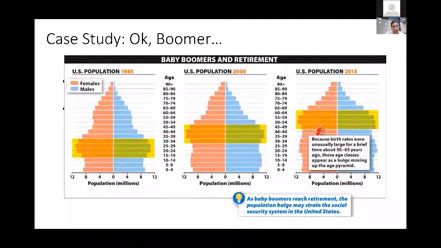So at around 1985, these individuals that were born at that time started to reach their reproductive years. So in proportion to all other cohorts, they were the most numerous. Now, in 2000, the oldest of their generation were starting to enter into the post-reproductive phase, but they were still working and weren't part of that dependency ratio.